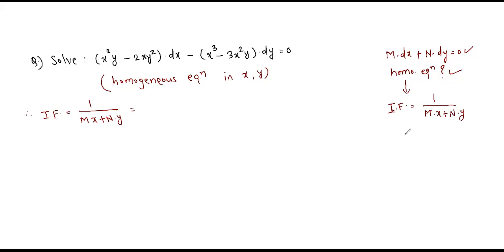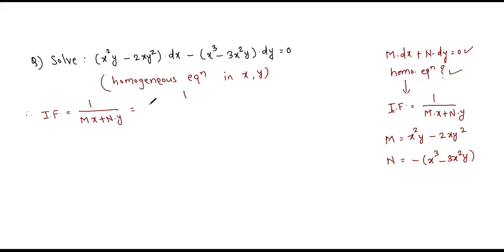What is m here? It is x square y minus 2xy square. What is n here? n is minus x cube minus 3x square y. Is it right?